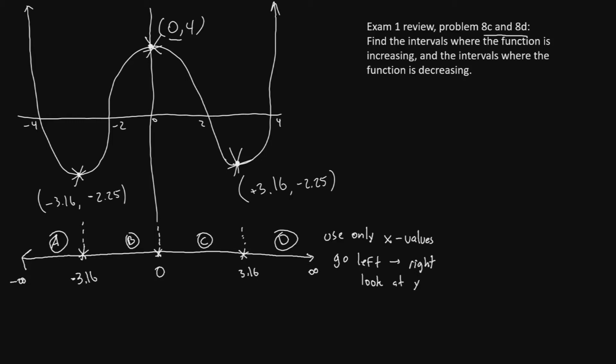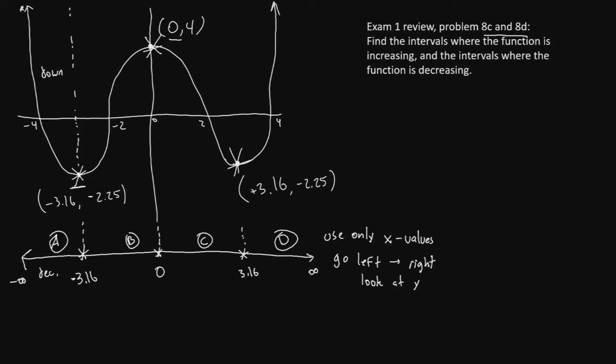So let's look at region A, which is everything before this first star. So start from up here where I've made the mark, and go from left to right, down to the first star. As we move from left to right, we can see that this piece of the graph to the left of that star is going down, which means we are decreasing.